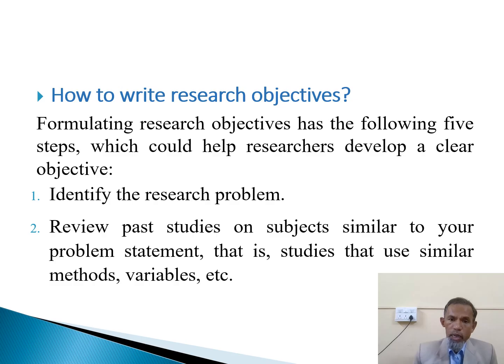We may not come to the end of this, or we may not be able to draw a conclusion, either with 2 or 3 objectives. That's why the first and foremost thing is to identify the research problem, then review the past studies on subjects similar to your problem statement, that is, studies that use similar methods and variables.